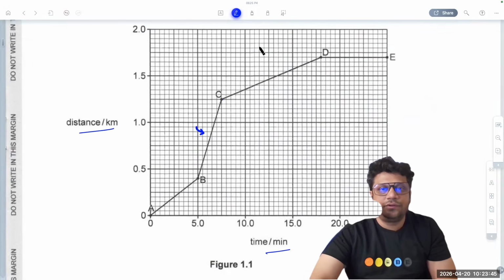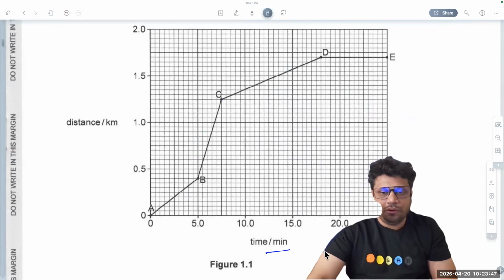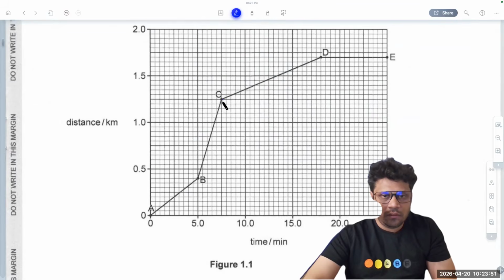So you take these two points and read these values, these from the x and these from the y.